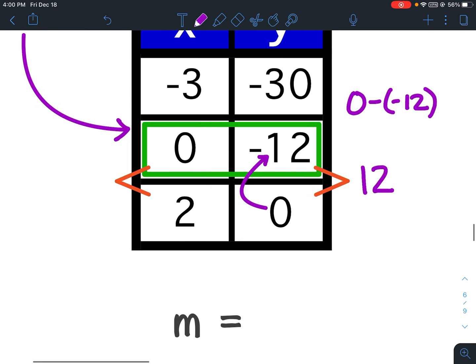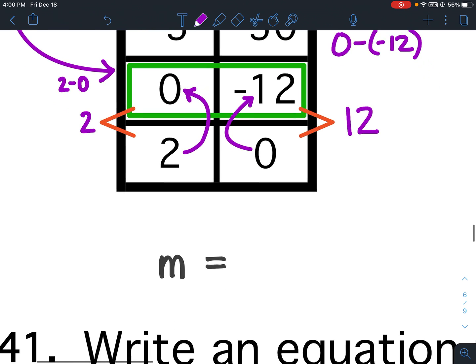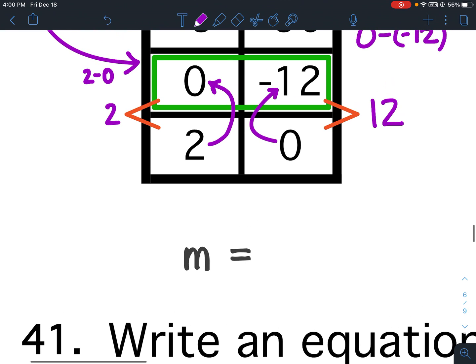On this side, I'm going to do 2 minus 0. Well, 2 minus 0 is 2. So again, my slope is the difference in y values over the difference in x value. 12 divided by 2 is 6.